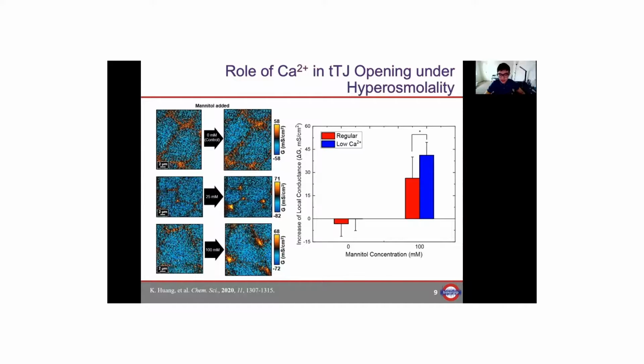On the right column chart, we can see that under the same mannitol concentration, the tricellular junctions showed a much higher local conductance change when the calcium concentration was low. So this tells us that lowering the calcium concentration can facilitate the tricellular junction opening under hyperosmolarity.